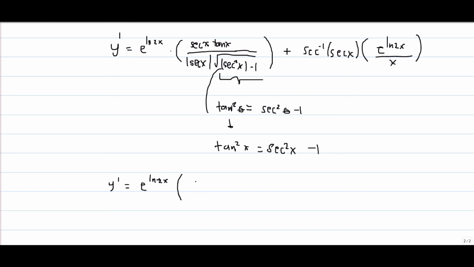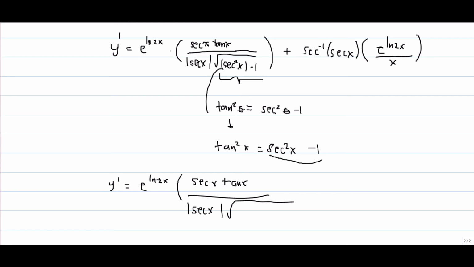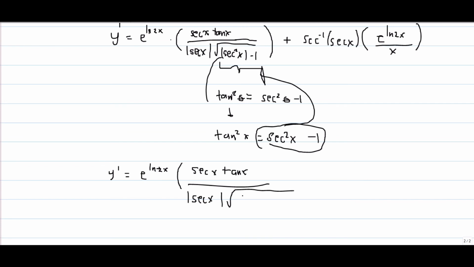e to the power ln 2x, then secant x, then we have tan x over the absolute value of secant x, then the square root of, we have the equivalent of this, which is tan squared x.